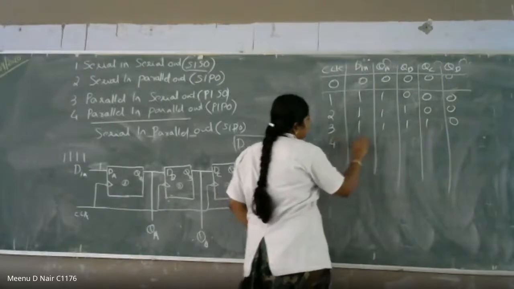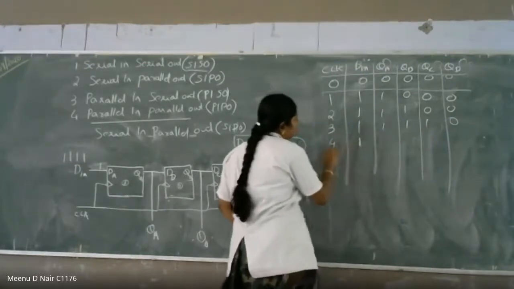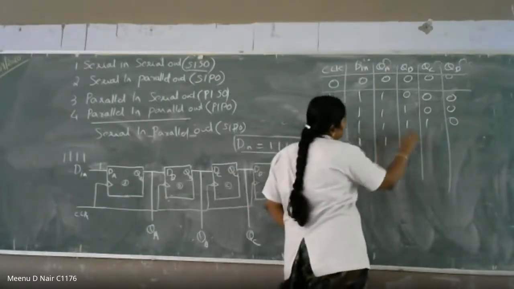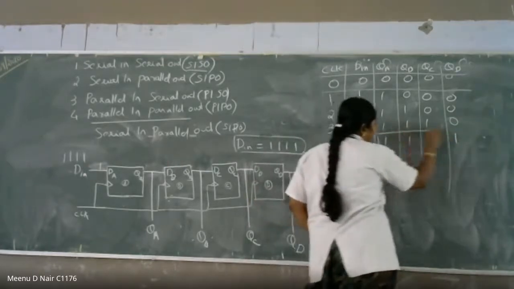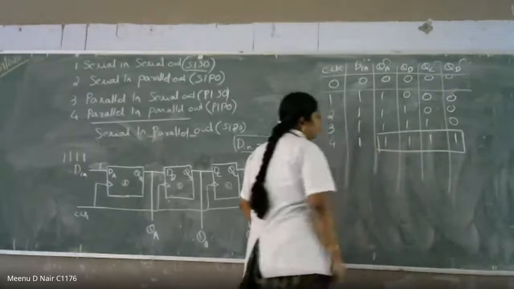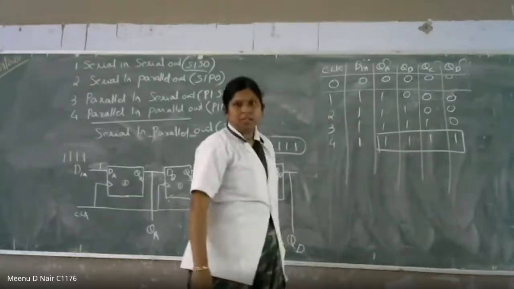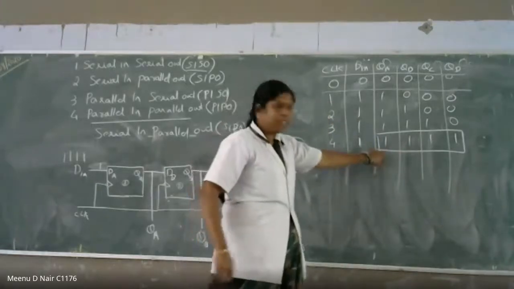Then the fourth clock pulse, D input is 1. So you are getting the output QA, QB, QC, QD as 1 1 1 1.